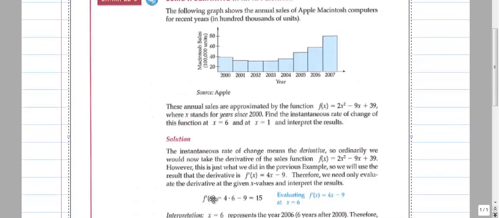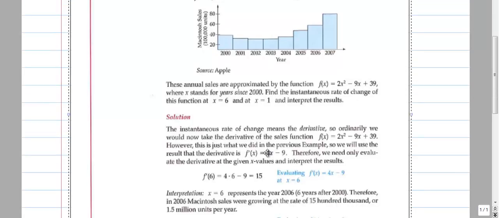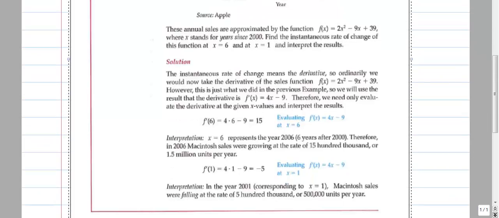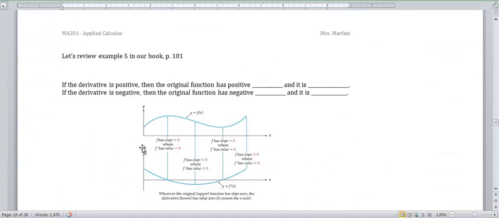So what does differentiation, or what does the derivative tell us? It tells us the rate of change, how much something is growing or falling. If the derivative is positive, then the original function has positive slope and it is increasing. Look at this example right here.